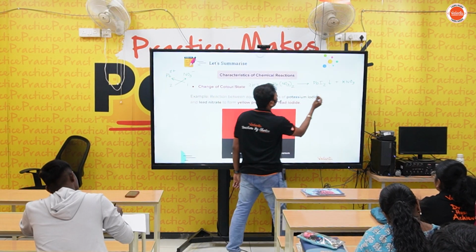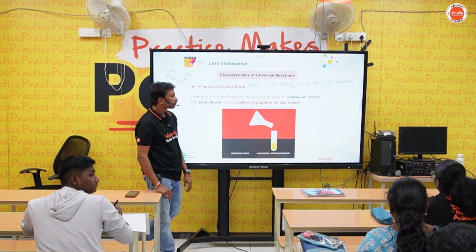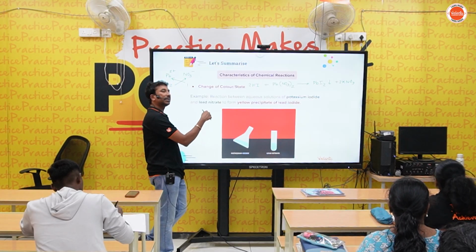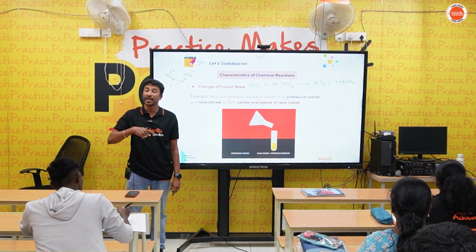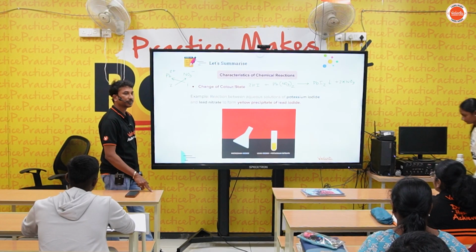Pb takes 2 iodine, and goes out as PbI2. Yes, please get it. So the yellow precipitate of lead iodide is one such example where a change in color is happening, right?